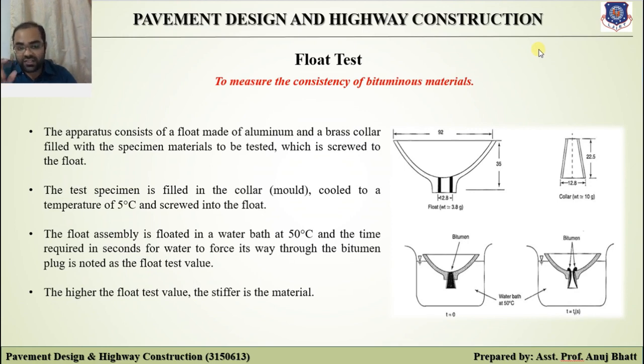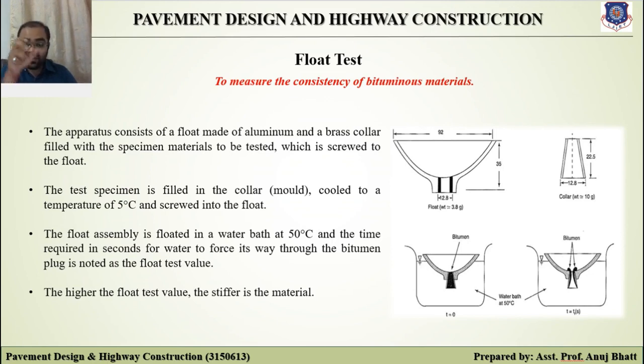At the initial stage, you have a bituminous material. First of all, you have to cool that material to a temperature of 5 degrees Celsius. After that, the bitumen gets to its dense form, and it has to be screwed into the mold or float.